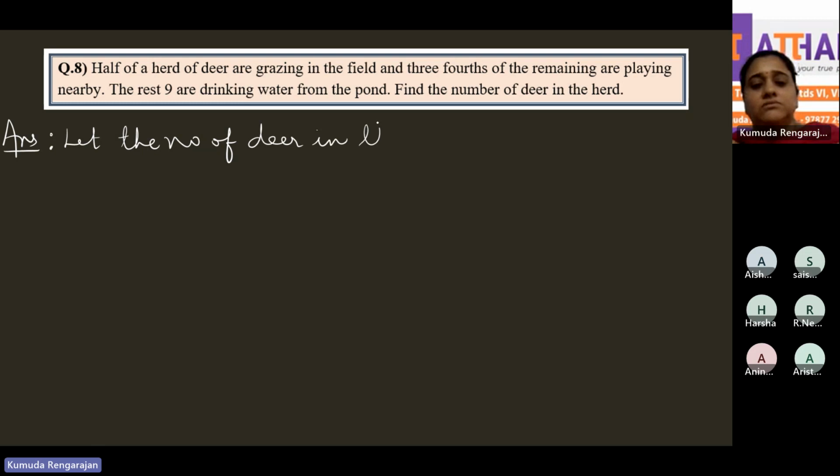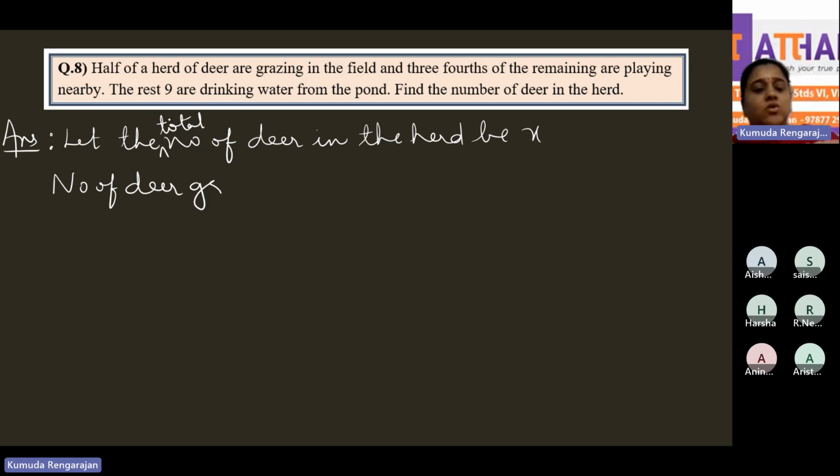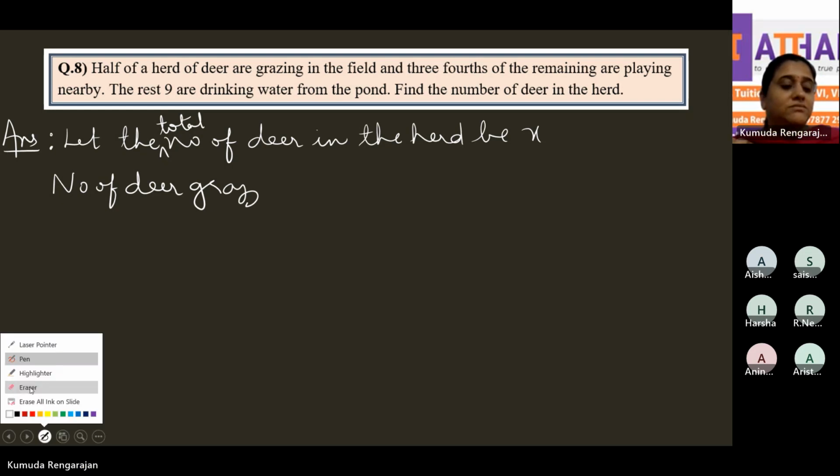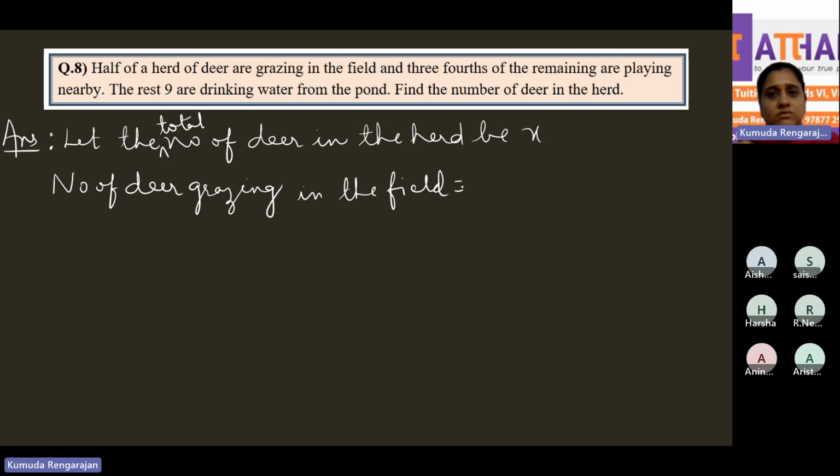Let the total number of deer in the herd be X. Now the number of deer grazing in the field is equal to what? Tell me. I want the answer from you. Is equal to how much?